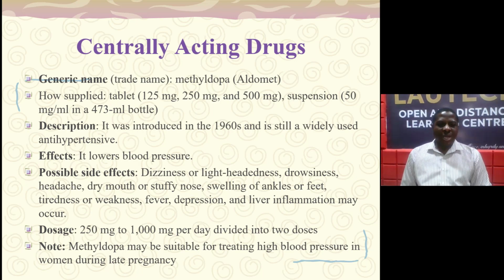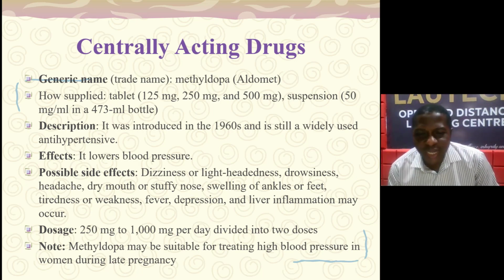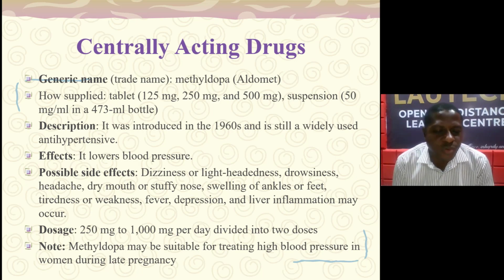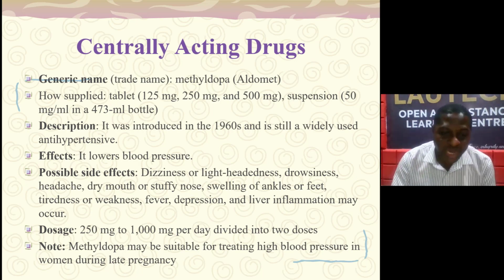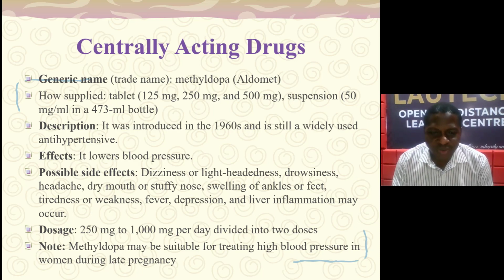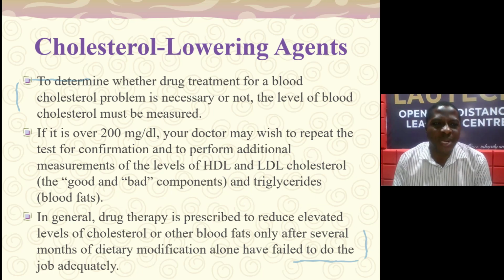The dosage is 250 milligram to 1000 milligram per day, divided into two doses. Note: methyldopa may be suitable for treating high blood pressure in women during late pregnancy. Take note of that, very important.